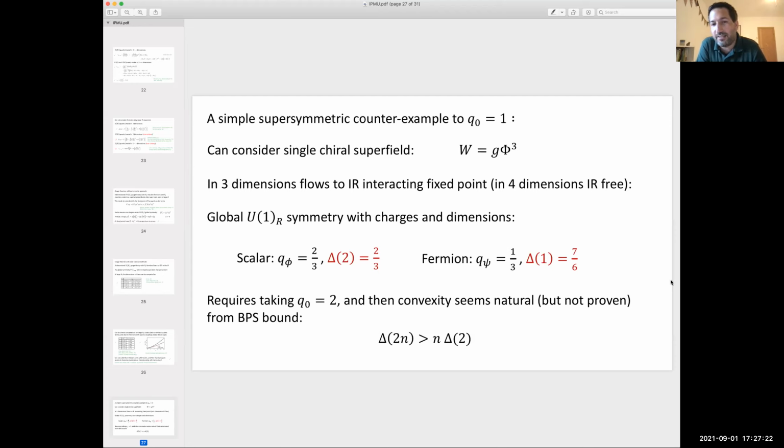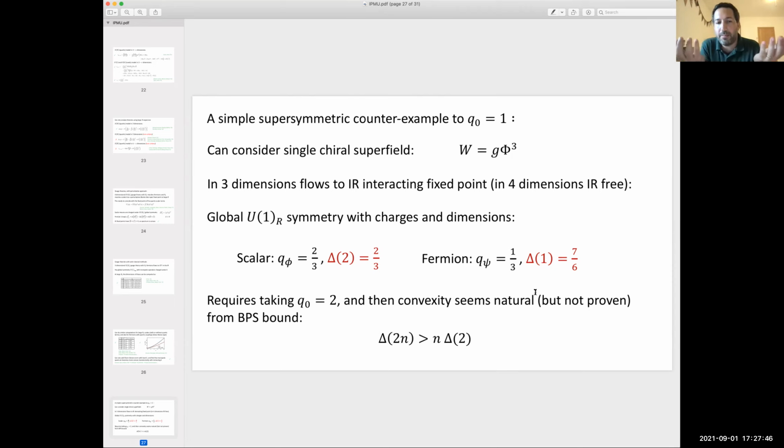So this is clearly not convex for Q0 equal to 1, because twice the dimension of the charge 1 operator is bigger than the dimension of the charge 2 operator. So that's not a convex spectrum. But if we take Q0 equal to 2, so we look at the scalar piece, then the spectrum is convex, and it follows very naturally from the BPS bound. The phi is a BPS operator, but phi squared isn't, and all the other powers of phi are not.